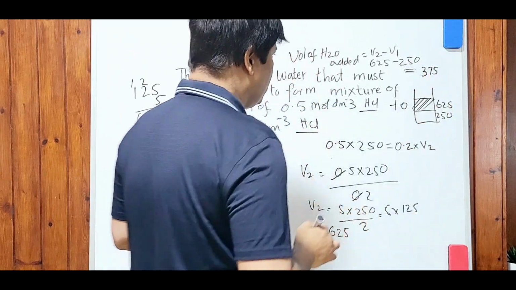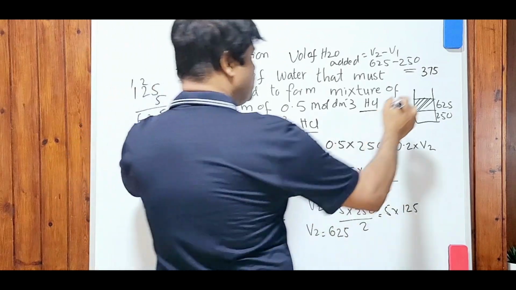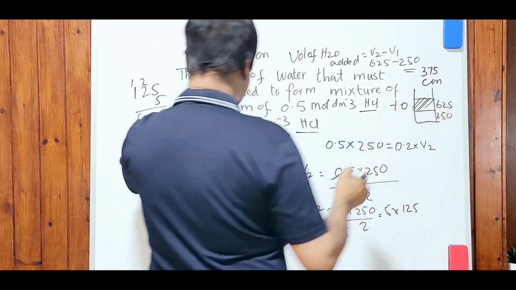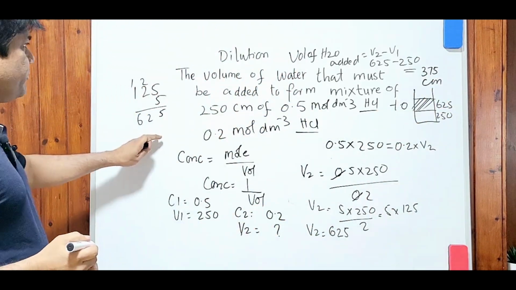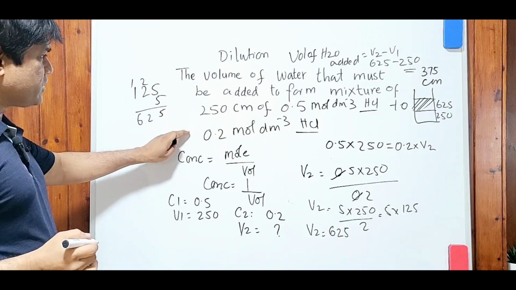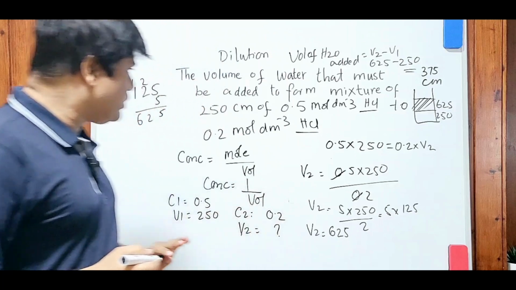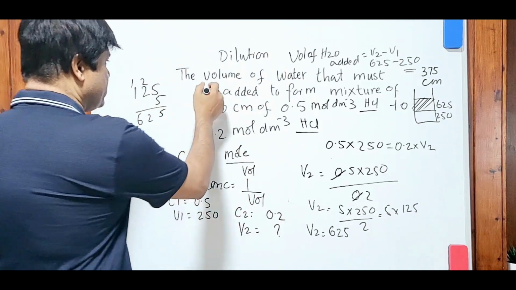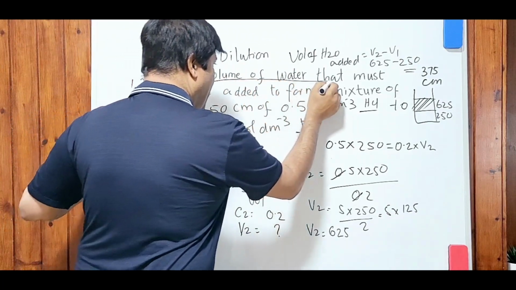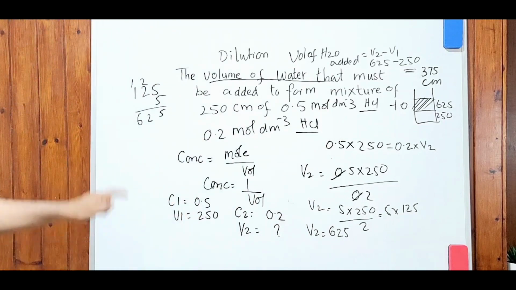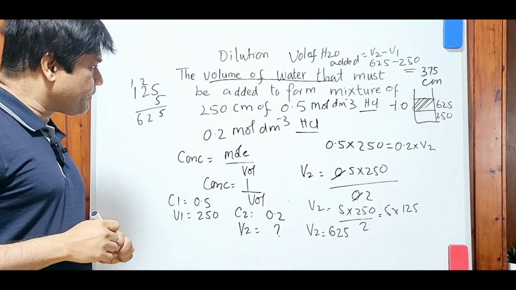Is that okay? 375 cm³. Whenever you get this type of question, please don't end up with V2. They're not asking for V2. Look at the question: volume of water added or needed. That is V2 minus V1.